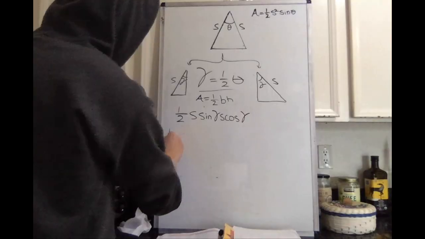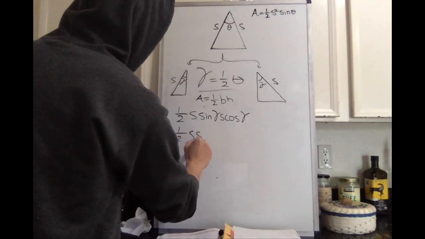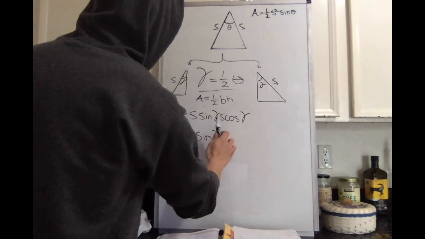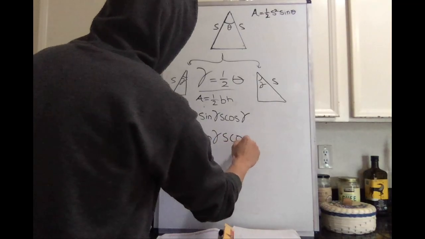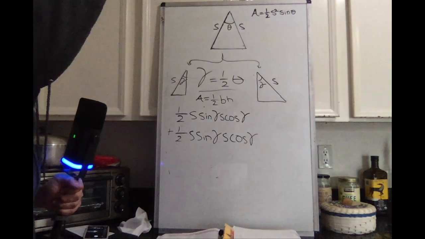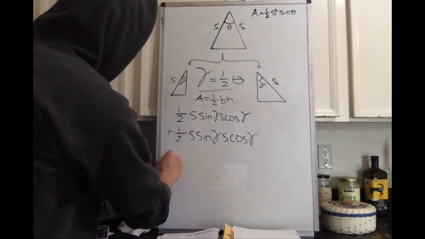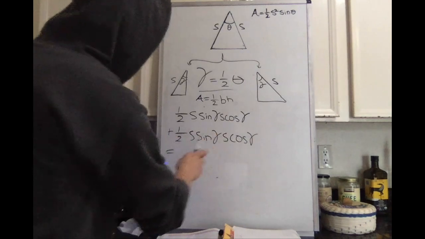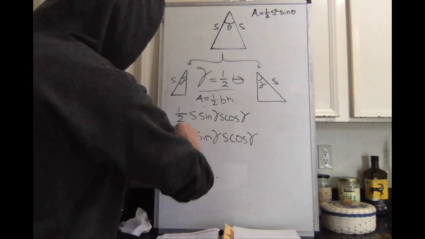So plus 1/2 s sine gamma, s cosine gamma, the same thing for the other triangle. And from here, you just add them. It would be two of these, so you would cancel out the 1/2s, because it would be 2.